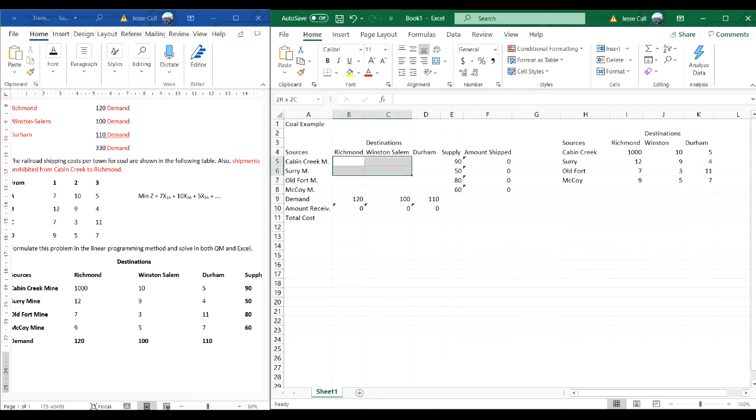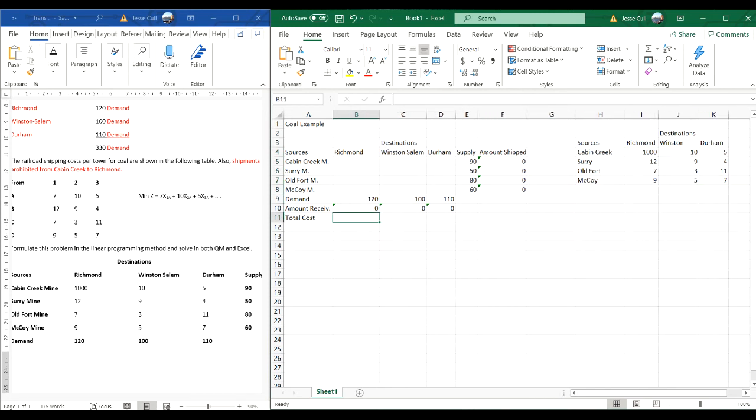We have array 1 here and array 2 here. They're always going to be equal to each other. Our sum product function only works if it's the same amount of rows and columns in both arrays. So we'll come down here and we'll add in our final total cost formula.